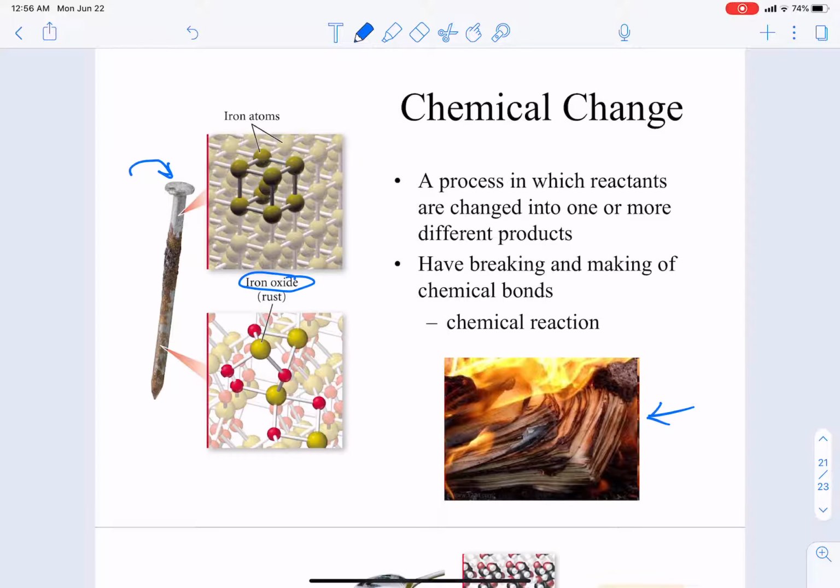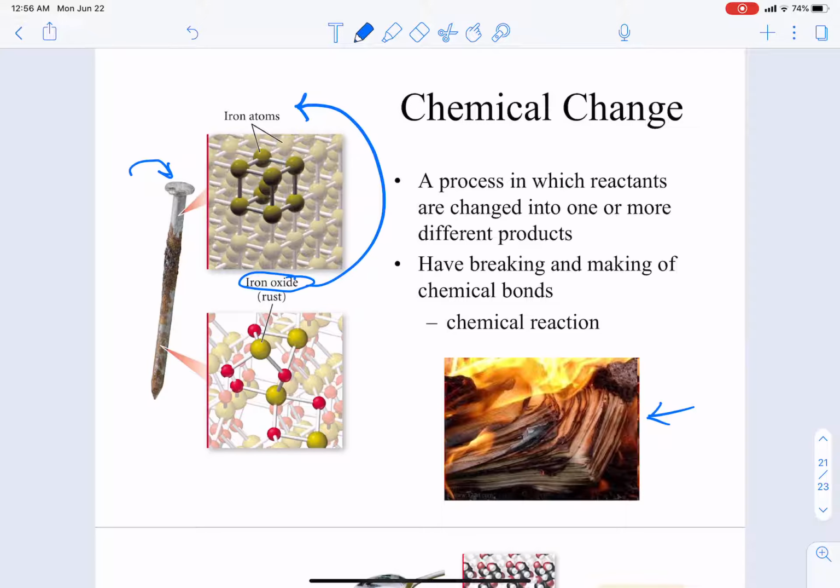You would not build a bridge or a bicycle out of iron oxide, but you might build a bridge or a bicycle out of iron. So different substances before and after, and you can't easily get back your original substance. You can't go from iron oxide to iron very easily.